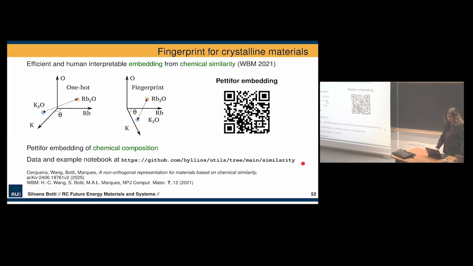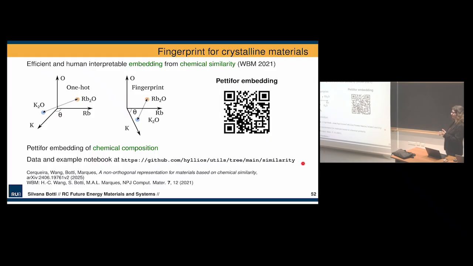The idea is: how do we represent a crystalline compound? We need to represent the crystal structure and the chemical composition, and we want to do it in a way that is efficient to be used as an input to machine learning, and at the same time easy for us to understand. The problem of machine learning in many cases is that we lose a little bit of our grasp on things.